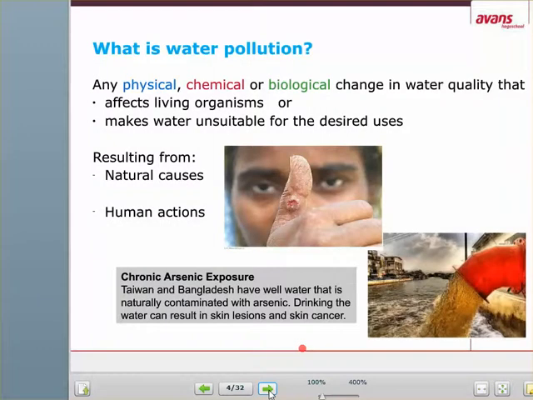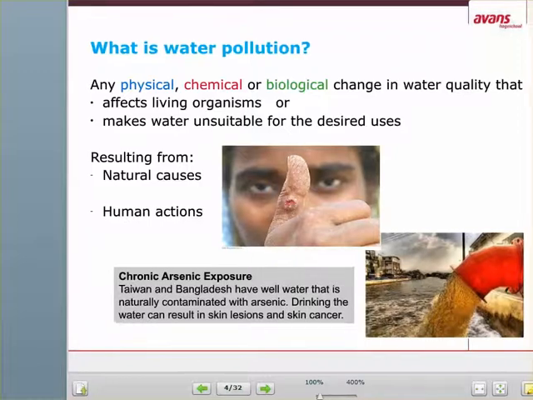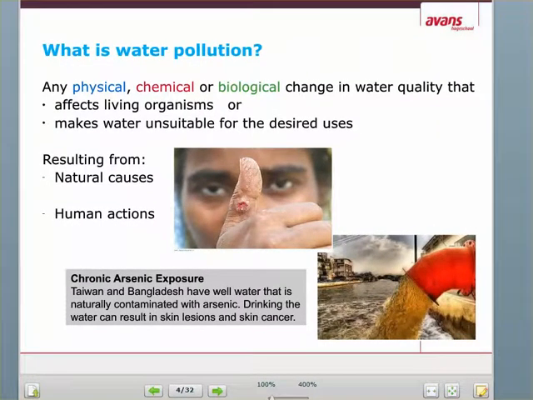But now the question is, what is water pollution? You probably have a general idea, maybe even a specific idea, but I will reiterate it. There are three basic categories of water pollution. The first is chemical or biological change in water quality that affects living organisms or makes it unsuitable for the desired use.